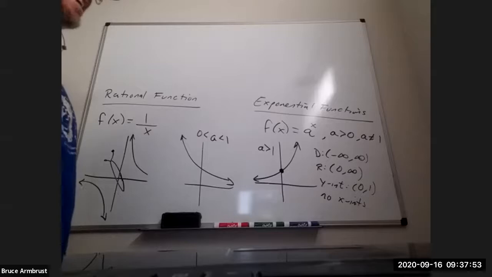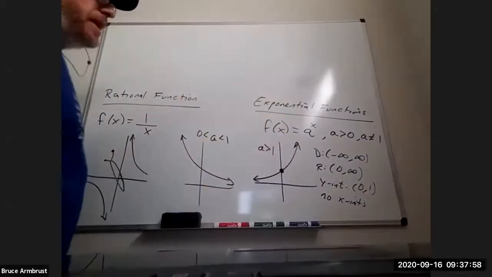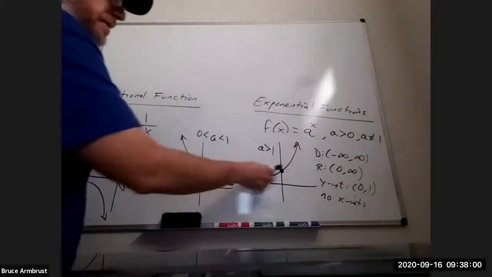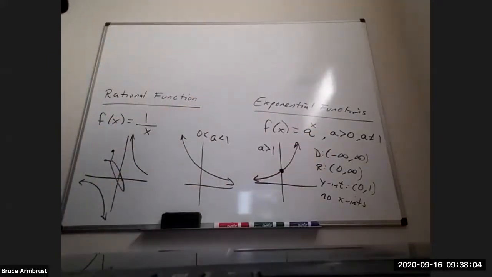So if we had a base like A equal to 10, 10 to the x grows very quickly, as opposed to 1.1 to the x, which is going to grow very slowly. All right, so there's a little bit about exponential functions.